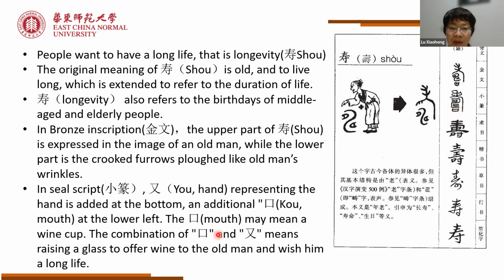Here, mouth, kou, may mean a cup of wine or wine cup. So the combination of kou, mouth, and hand, shou, means raising a glass to offer wine to the old man and wishing him a long life. So when we have a birthday party for the senior person, we usually wish him a long life.